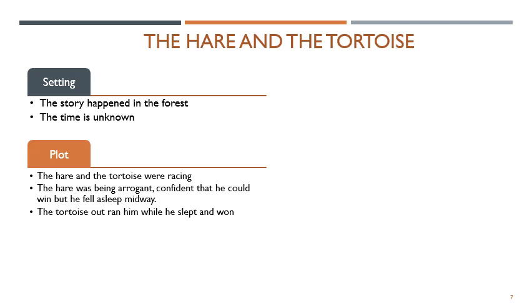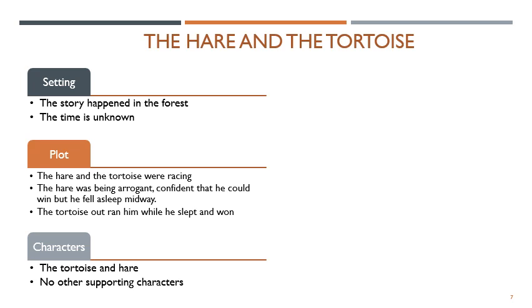Okay, and then plot. So what happened was that the hare and the tortoise were racing, and the hare was being arrogant. He was confident that he could win, but he fell asleep midway, and eventually the tortoise outran him while he slept, and he won. The tortoise won.